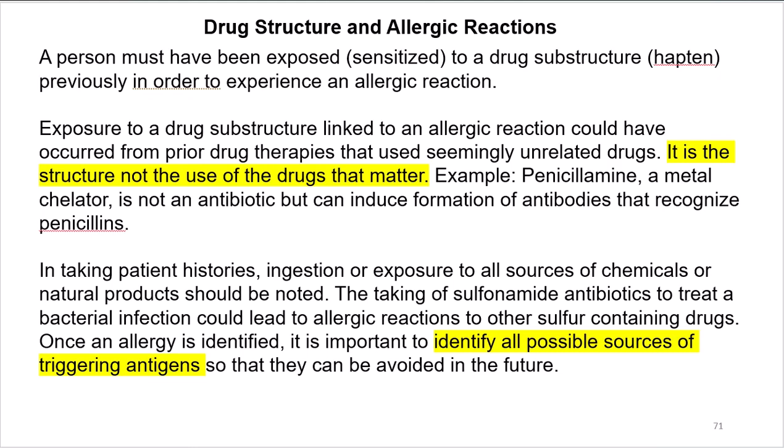So almost nobody would be given penicillamine for treatment, but if they are, and that was in their patient history, then you should be reluctant, or you should be very observant if you're going to give them a penicillin, because they have been exposed to that structure. And so one can only speculate that if someone has an allergic reaction the first time they're given a drug, that they must have been given another drug previously or eaten something that contains a chemical with a similar structure.